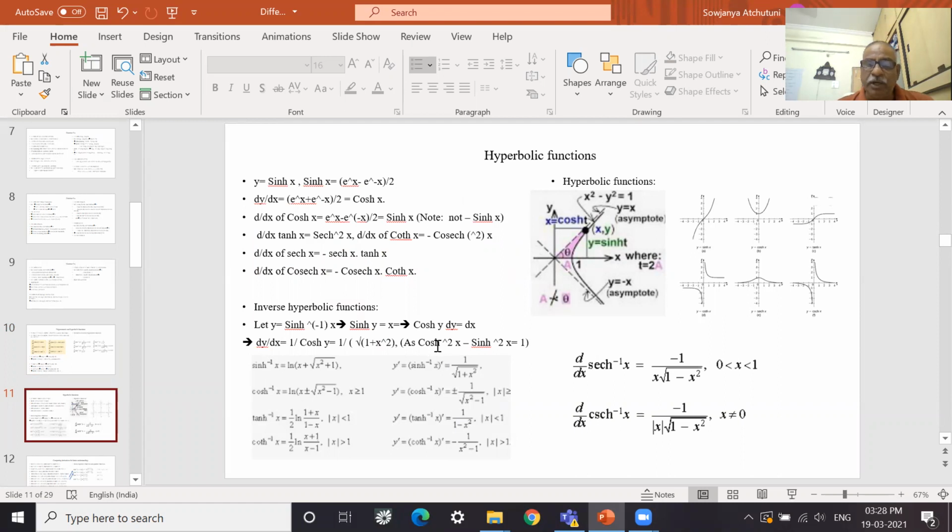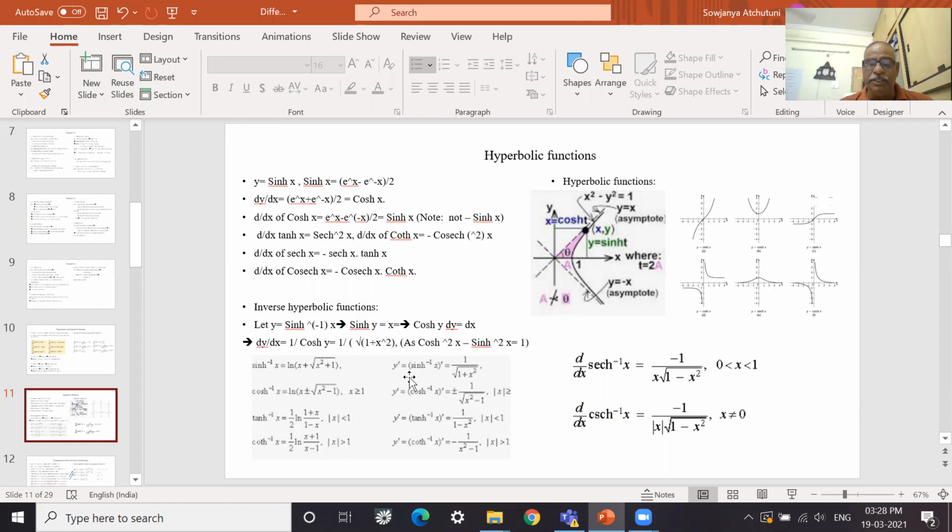Because cosh squared x minus sinh squared x is 1, taking 1 to the other side, cosh squared x minus 1 equals sinh squared x. So sinh is the square root of cosh squared x minus 1, that is, square root of x squared minus 1.